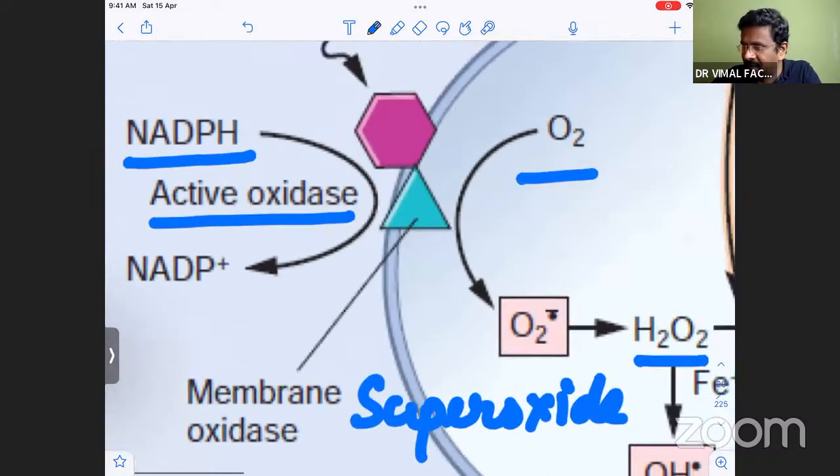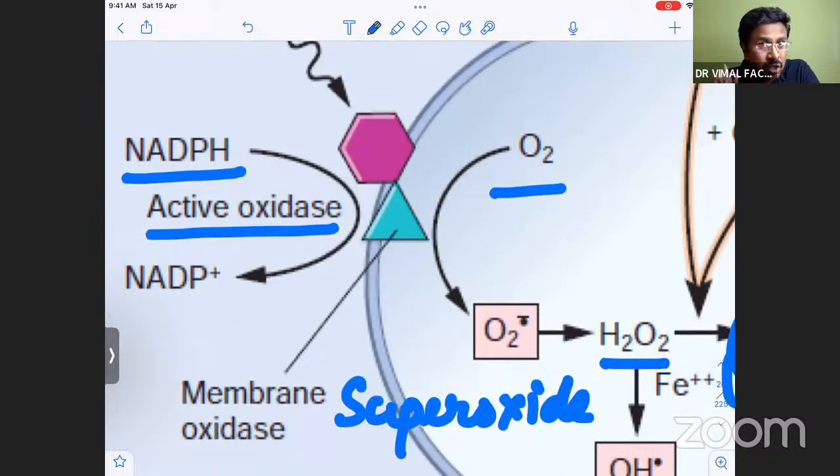Imagine NADPH oxidase is not there. The respiratory burst can give you a lot of oxygen, but that oxygen will not be converted into superoxide, because to convert into superoxide you need NADPH oxidase. In its absence there will not be any free radical formation, so the bacteria will not be killed.